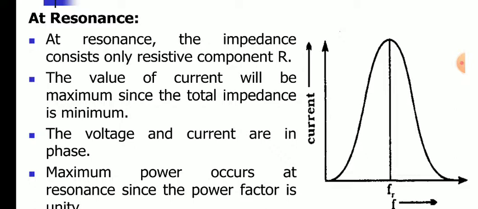So at resonance the impedance consists only of the resistive component R. The value of current will be maximum since the total impedance is minimum.